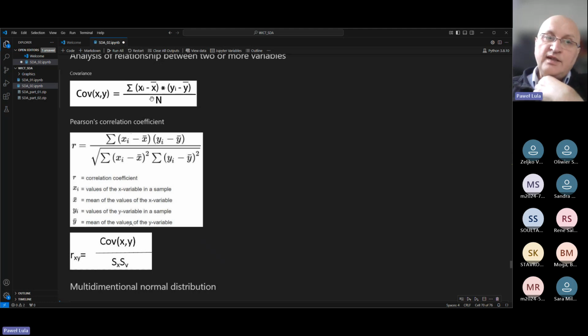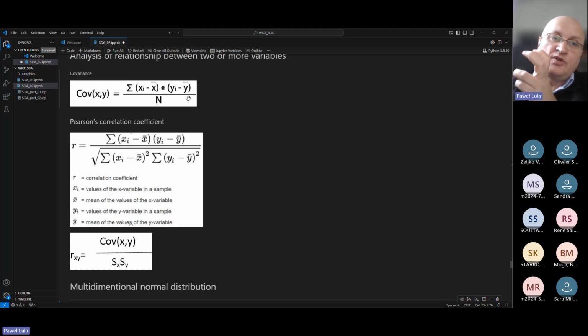We can interpret covariance only if it is negative or if it is positive. There is no lowest and highest value for the covariance coefficient.